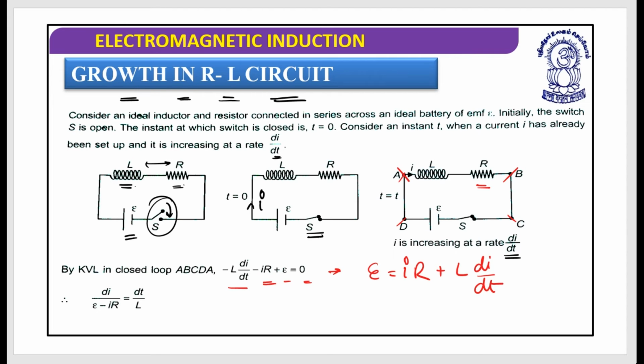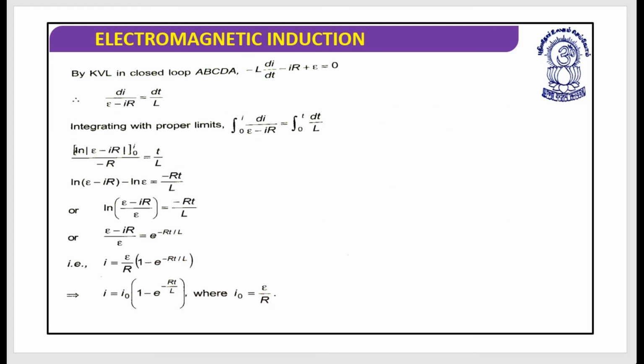So this could be written as E minus IR equals L di/dt. From this, di/(E minus IR) equals dt/L. I hope this is clear. Are you sure? Great. So by KVL in this loop we have di/(E minus IR) equals dt/L. Now let's integrate this.